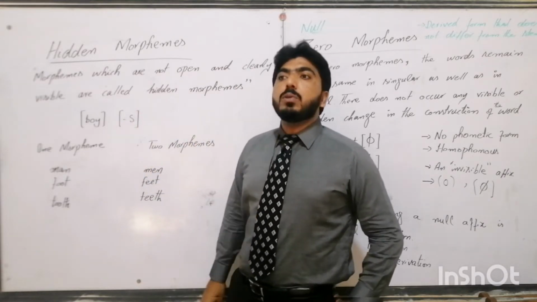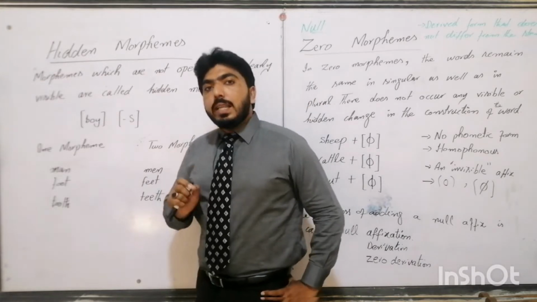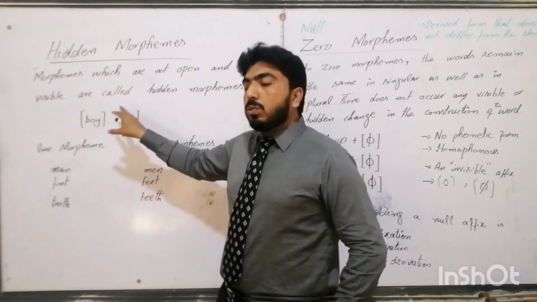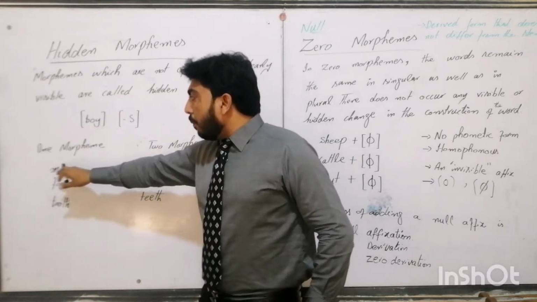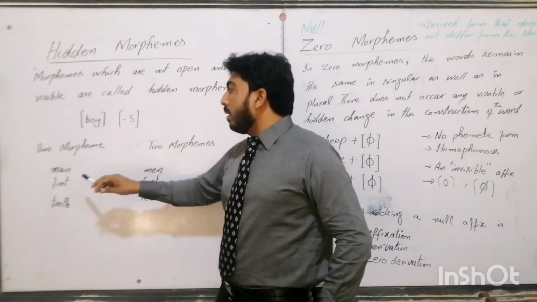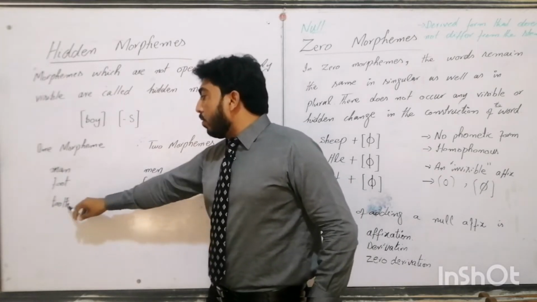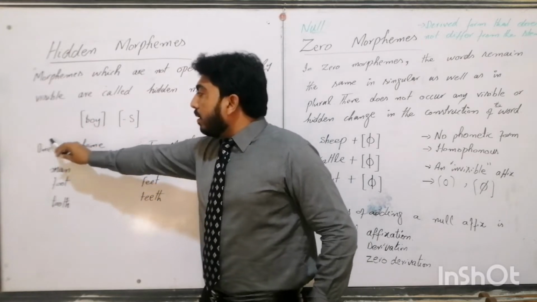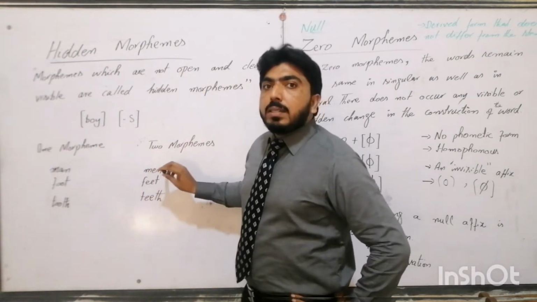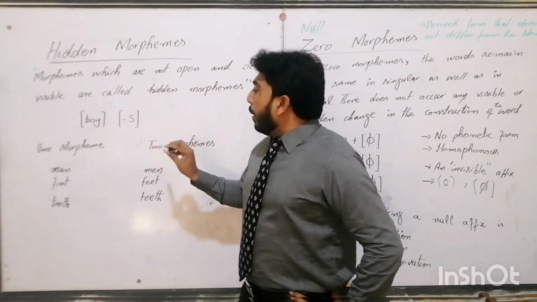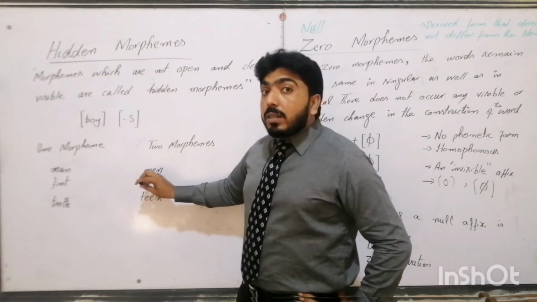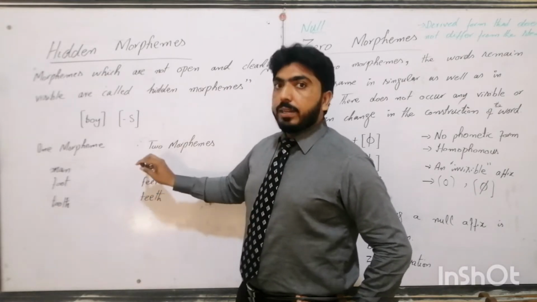But sometimes we don't have a clearly visible morpheme when we change singular into plural. For example, when we change man singular into plural men, foot into feet, tooth into teeth, this is one morpheme and these are two morphemes, but the morpheme which makes men plural is not clearly visible, that is hidden, right?